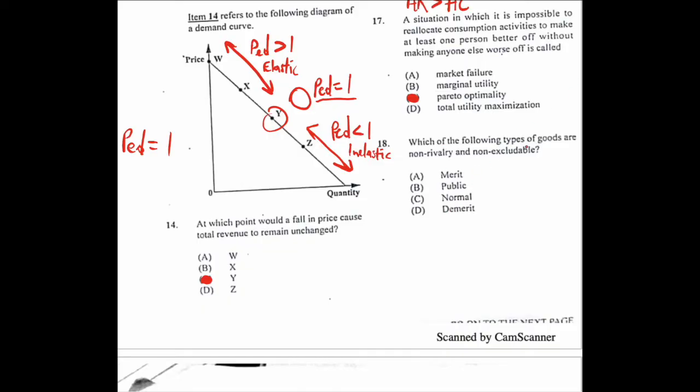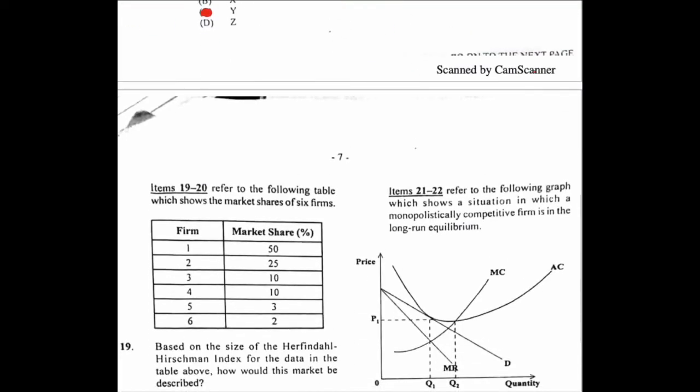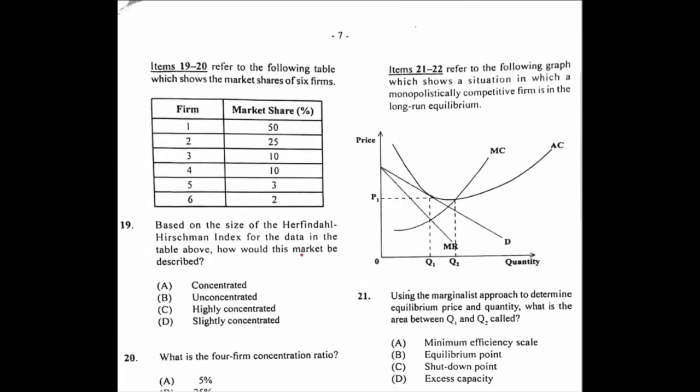18 says, which of the following types of goods are non-rivalry and non-excludable? That is public goods. 19 says, based on the size of the Herfindahl-Hirschman index for the data in the table above, how would the market be described?